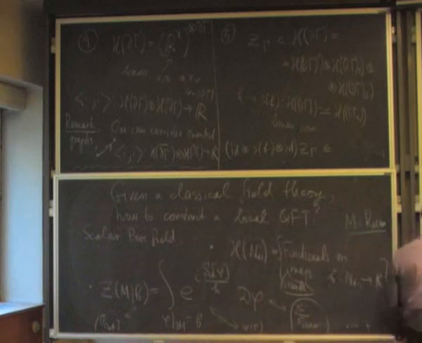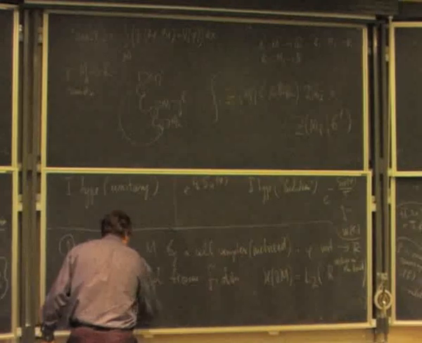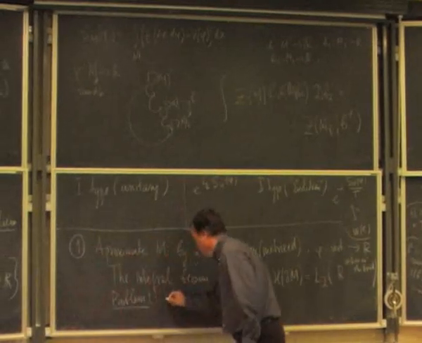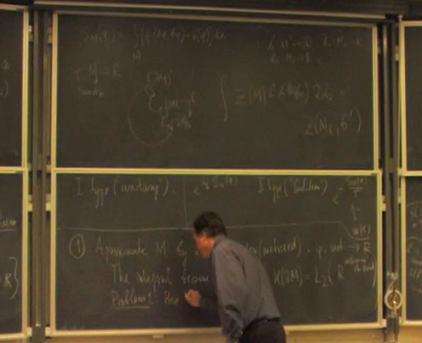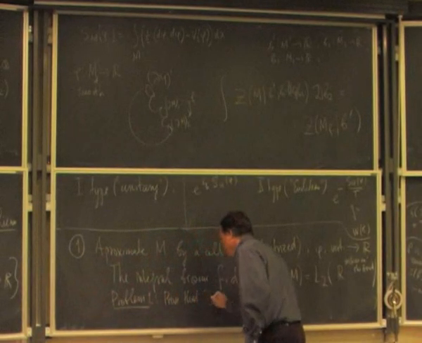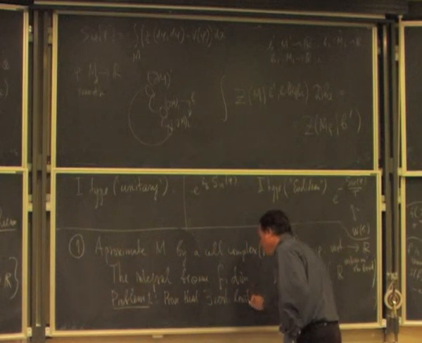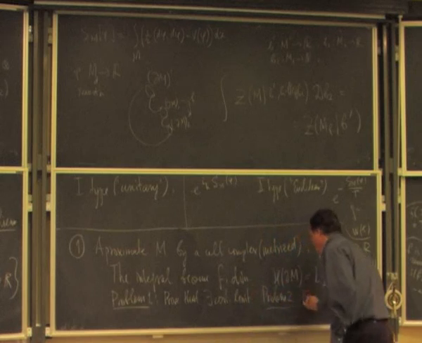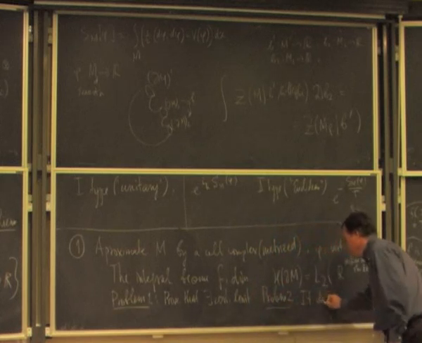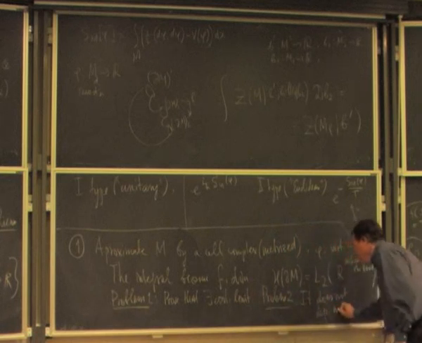But then, problem 1 is how to prove that there exists a continuous limit. And problem 2, to prove that it doesn't depend on the approximation.